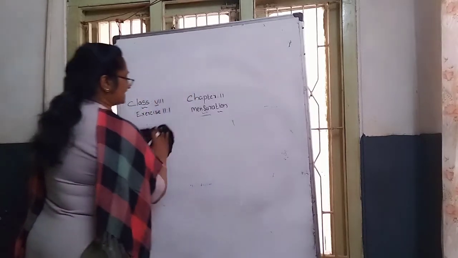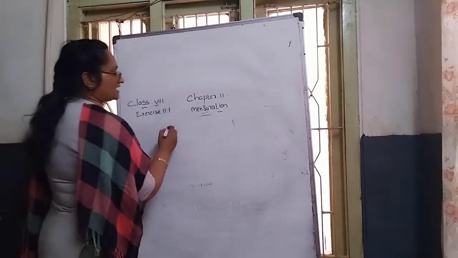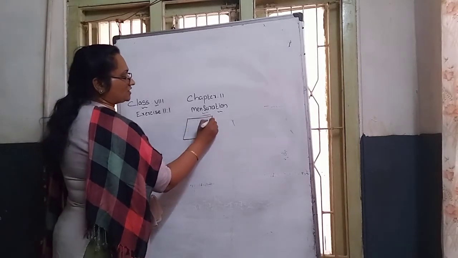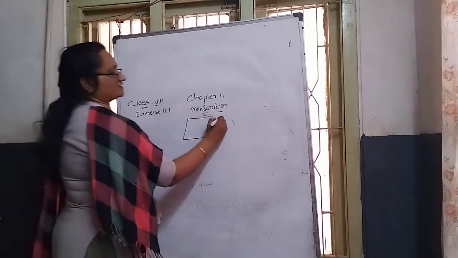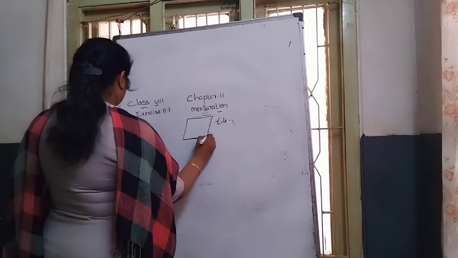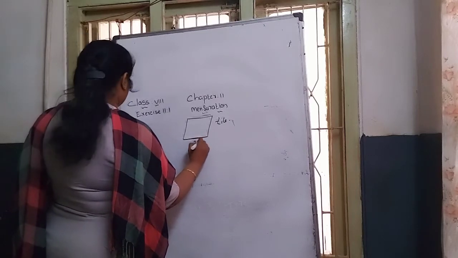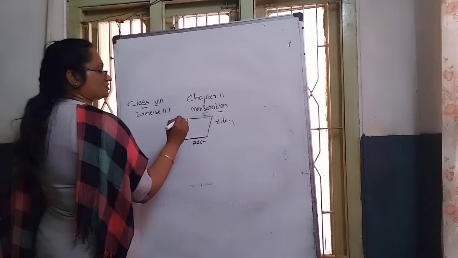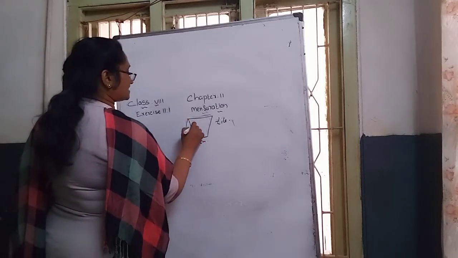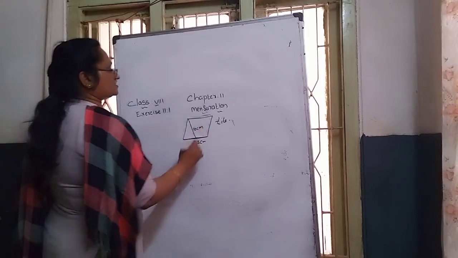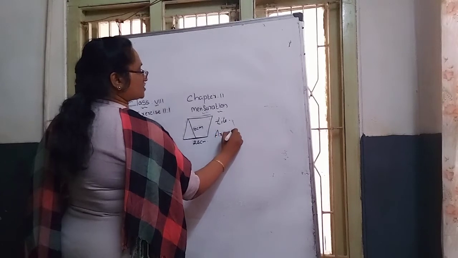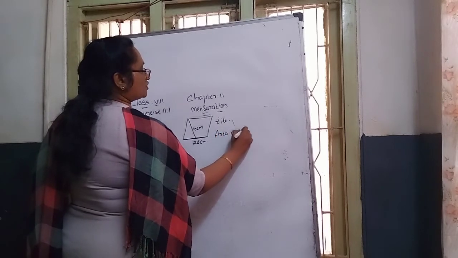In the fourth question, they say that one parallelogram-shaped tile is there. The base of the tile is given as 24 centimeters. The height is given as 10 centimeters. Next, the area of the room is also given.